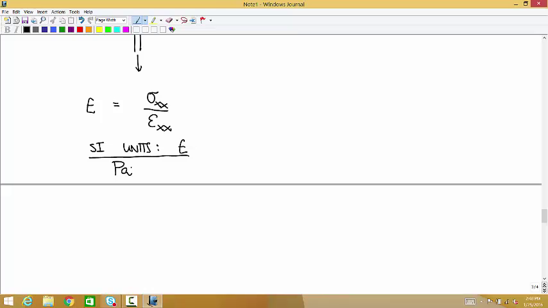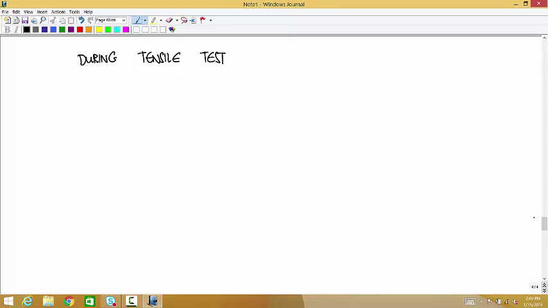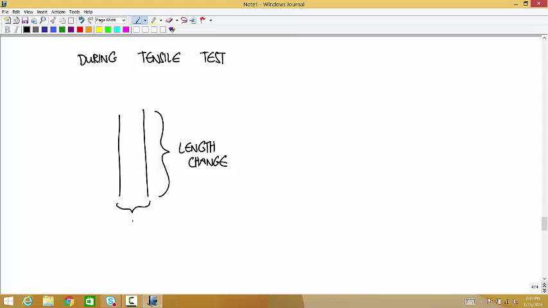For structural metals, it's somewhere between 100 and 200 gigapascals, so 100 to 200 times 10 to the 9th pascals. And then to measure the Poisson's ratio, during that tensile test, you're measuring the length change, and you're also measuring the width change or the thickness change.